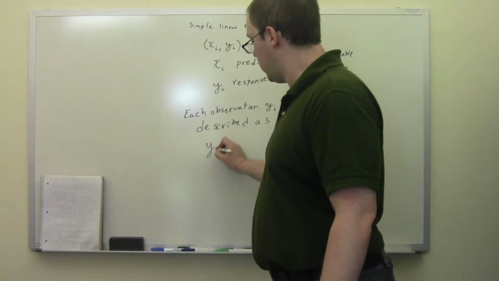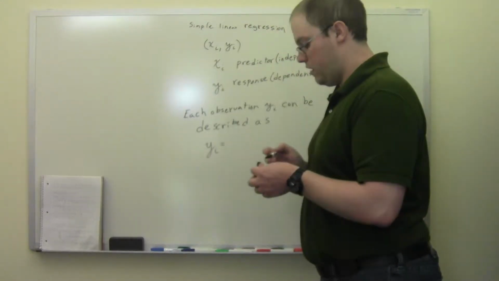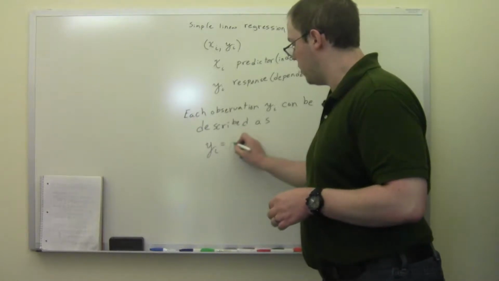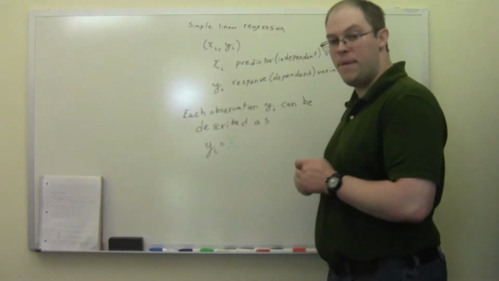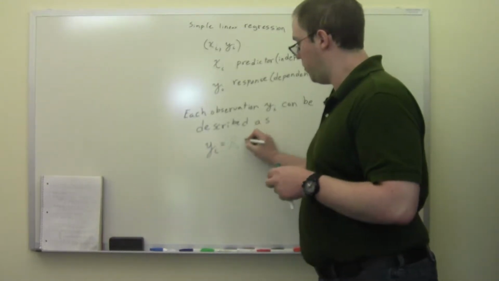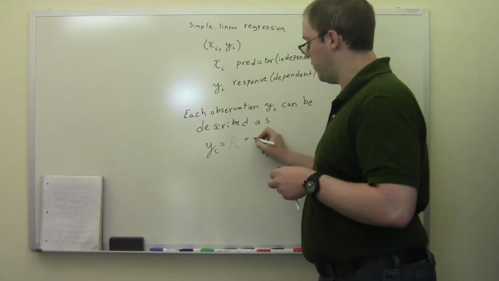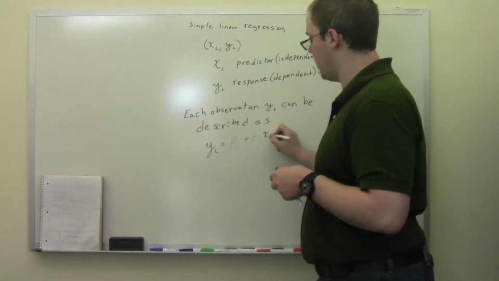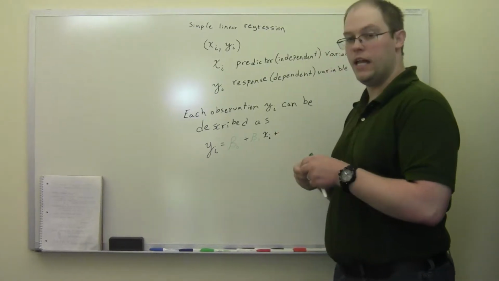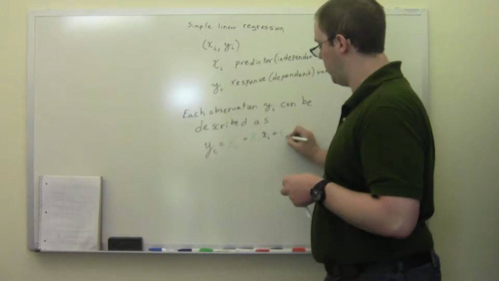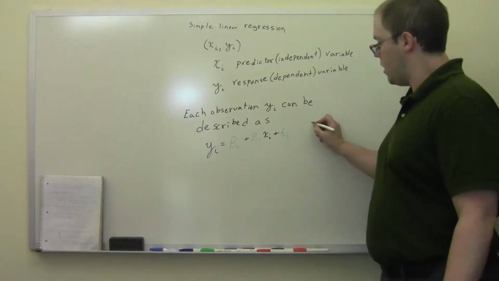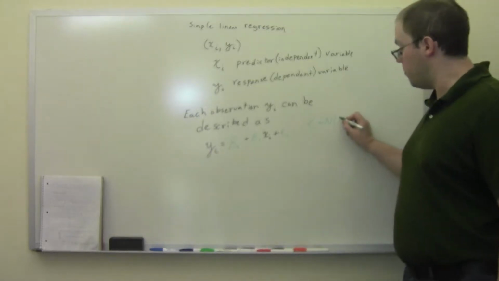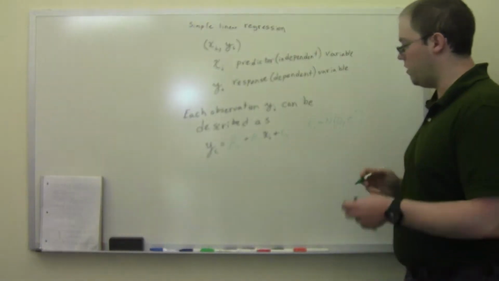And now, what we're going to say is that this y is equal to some constant, beta 0, plus some other constant, beta 1, times this predictor xi, plus some random noise terms, epsilon sub i, and epsilon sub i have a normal distribution with mean 0 and variance sigma squared.